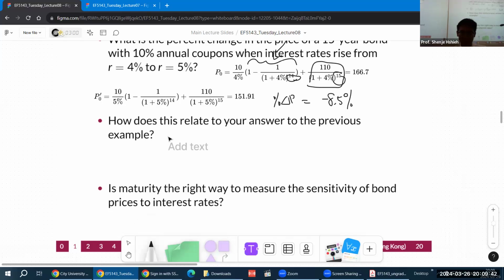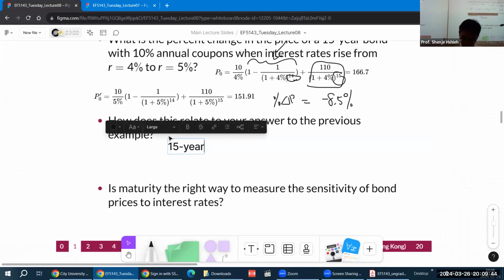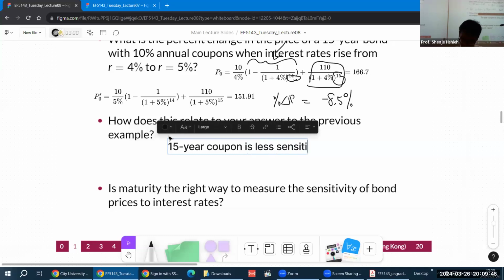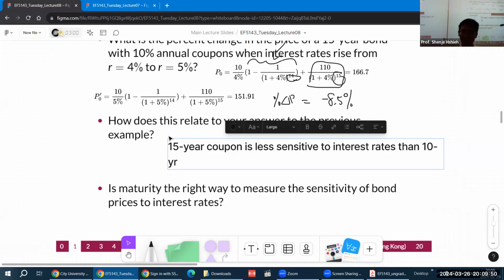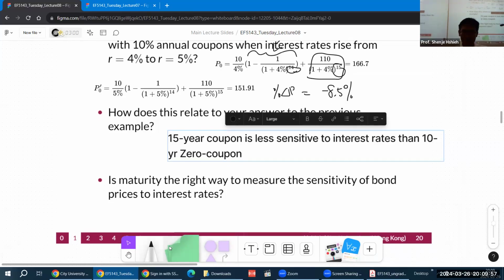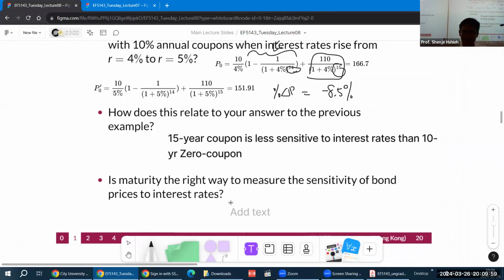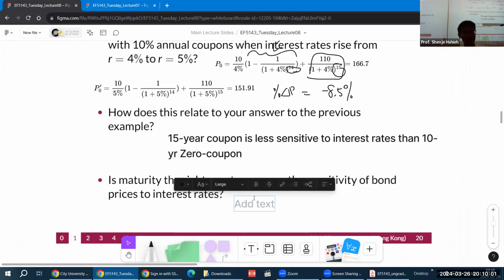So the conclusion here is that the 15-year coupon bond is less sensitive to interest rates than the 10-year zero coupon bond. Interestingly, the reason why it's less sensitive is not because of the maturity, as we showed. This is a longer maturity.